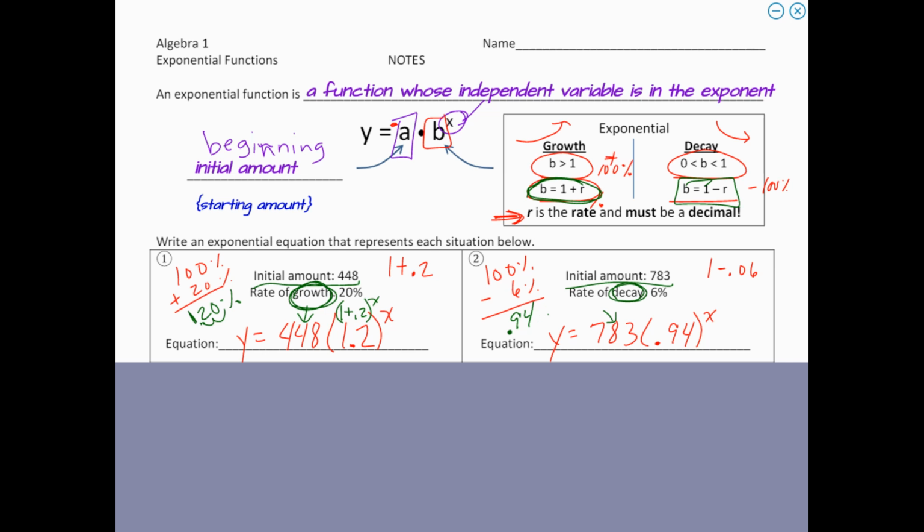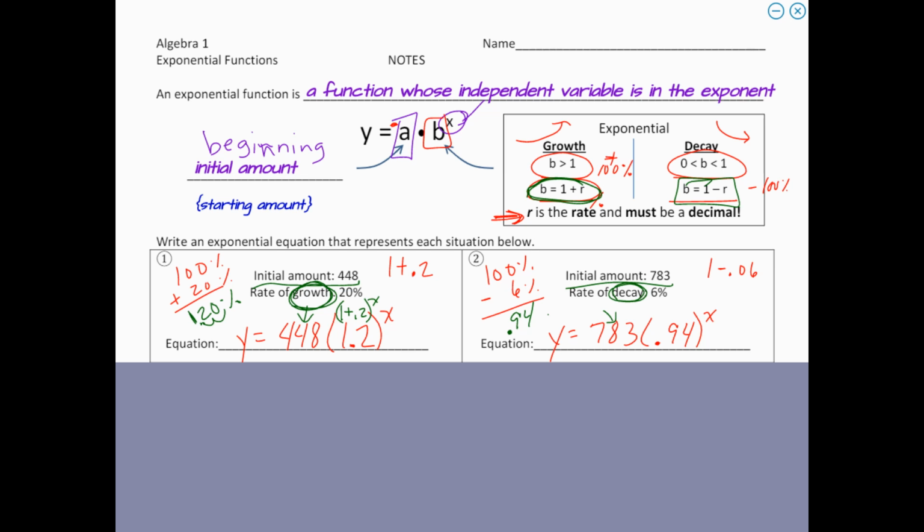You either have the decimal or you have the percent. You can't have both, and this is a common mistake I see. If you have 0.94% and you change that to a decimal, you have to move the decimal point 2 more places over to get rid of that percent sign. So it's either one or the other. Once you change it to your decimal, don't keep the percent sign on it.